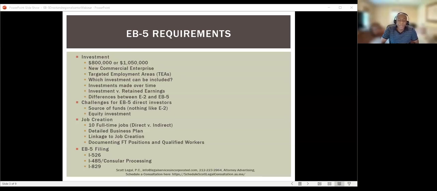And the reason is that the money wasn't invested in the business. The money was given to the seller. So the money doesn't have anything to do with job creation. So in order for that particular example to qualify, an individual could buy a business for $500,000, but then they would have to invest an additional $800,000 or $1,050,000 in that particular business to be able to qualify for EB-5.